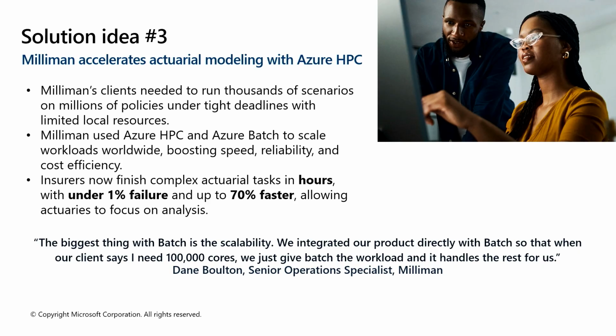Let's take Milliman, for example. They accelerate actuarial modeling with Azure HPC. Milliman clients needed to run thousands of scenarios on millions of policies under tight deadlines with limited local resources. How do they do that?